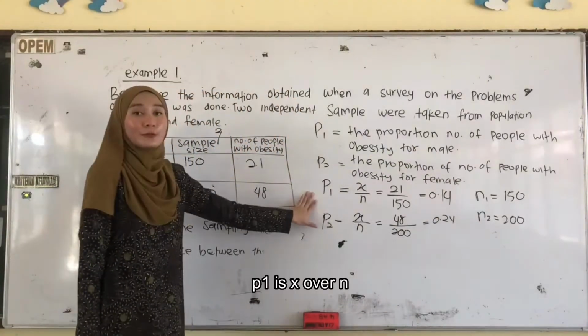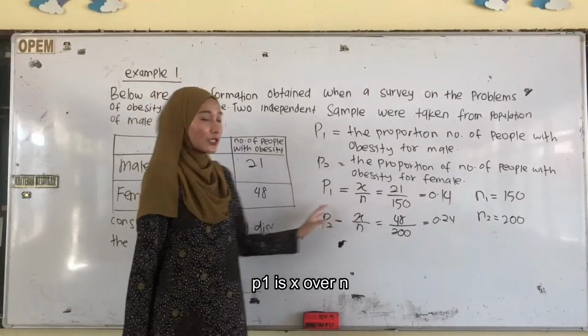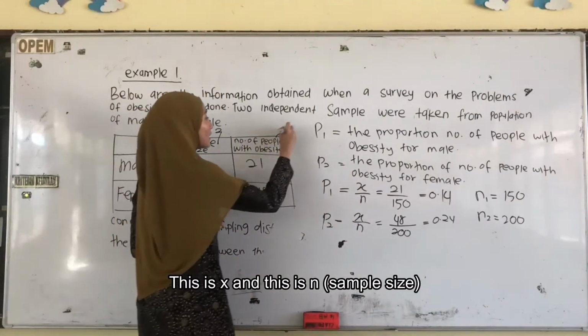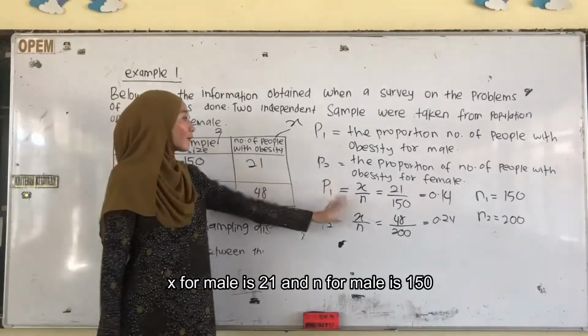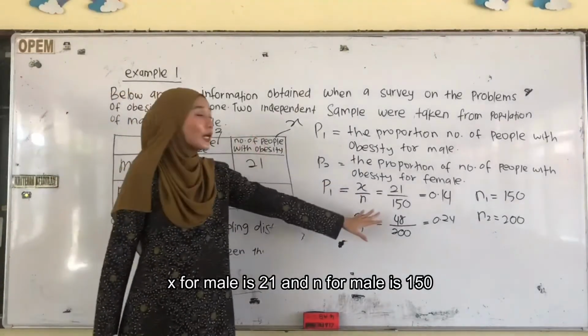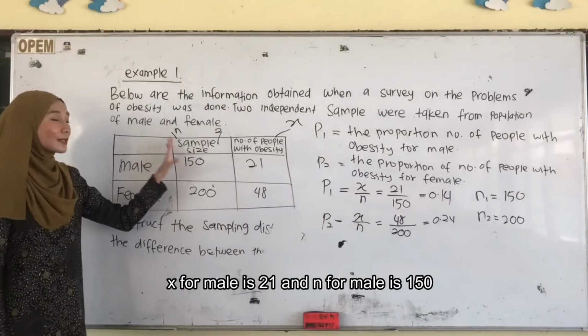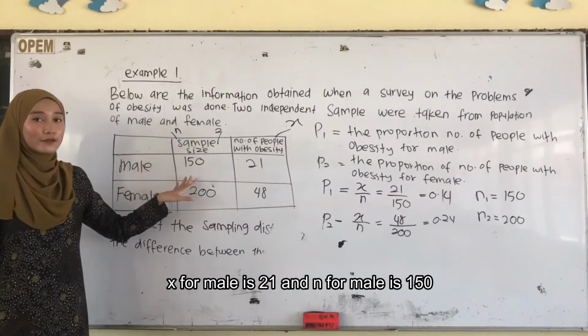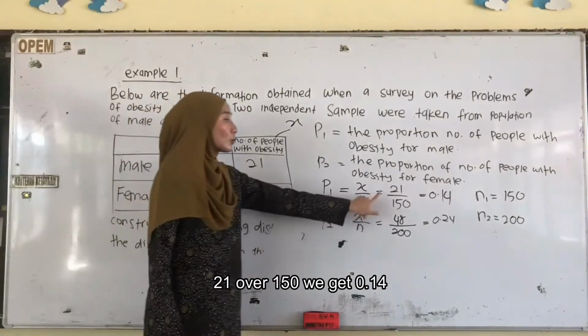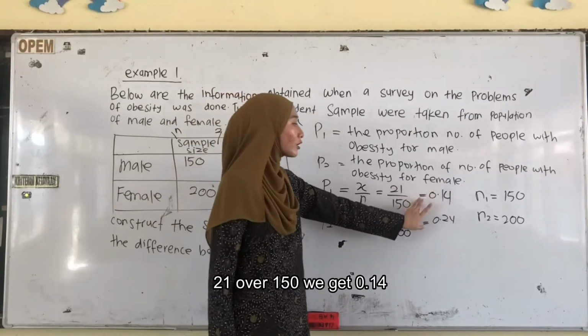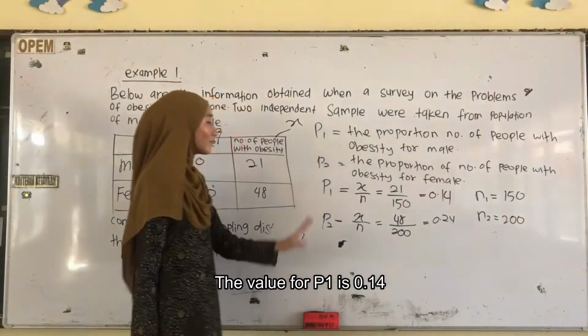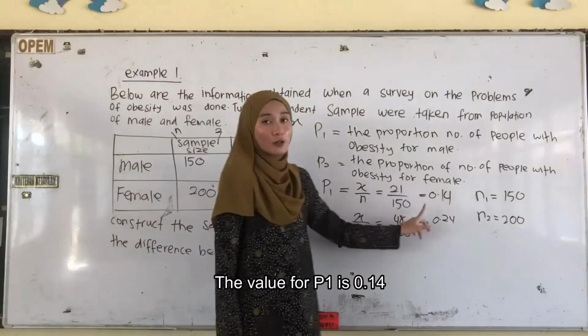Okay, the P1 is X over N. So this is X and this is N. N is the sample size. X for male is 21 and the sample size for male is 150. So 21 over 150, we get 0.14. So the value for P1 is 0.14.